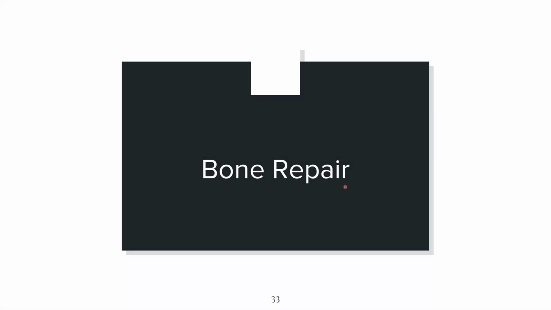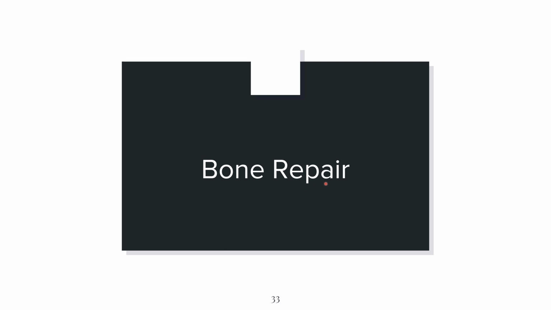Now, the biology of bone repair can happen either directly after an injury or as a process of bone healing. So we have two major types of bone repair: the direct or primary bone healing and the indirect or secondary bone healing.